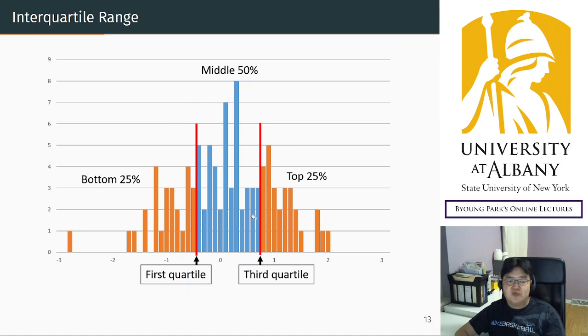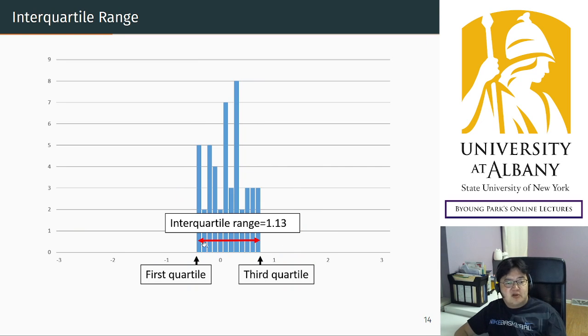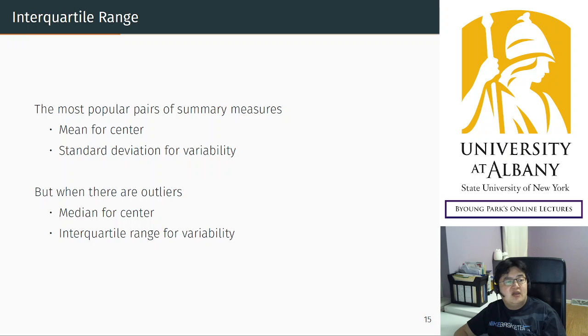Only the light blue are the remaining data, and the minimum of the light blue data is the first quartile of the original, and the maximum is the third quartile of the original data. This is how we define and calculate the interquartile range. So the interquartile range is, in the end, 1.13. This is how we define the interquartile range.